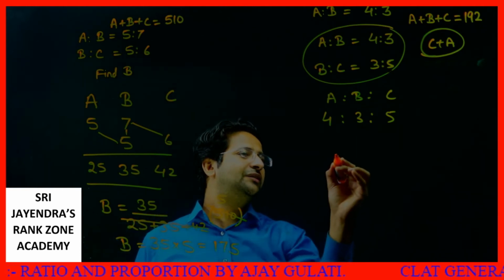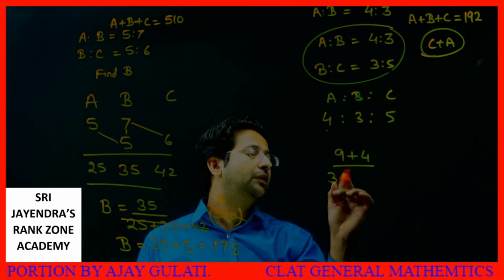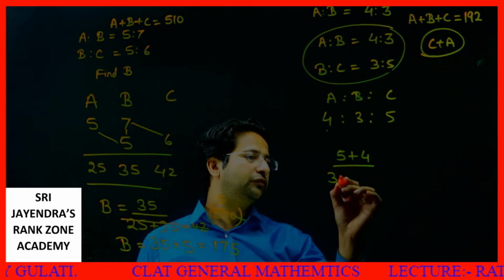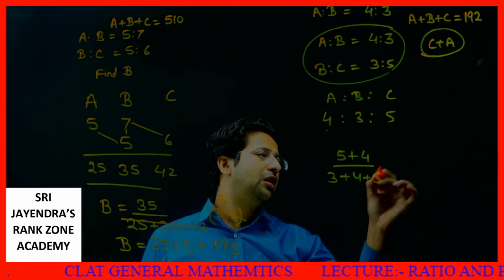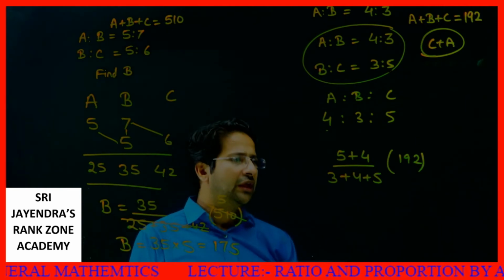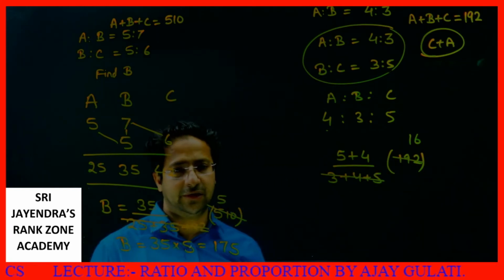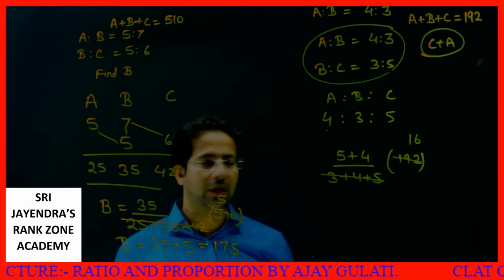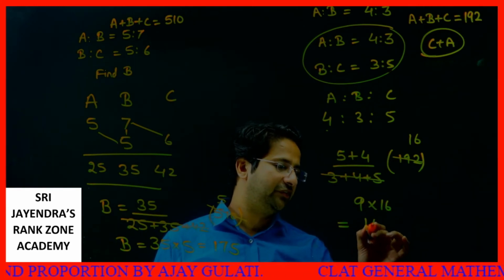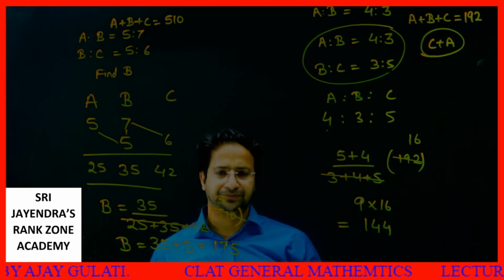C and A is actually 5 plus 4 parts out of 3 plus 4 plus 5 from 192. First of all, this is 12. 12 cancelled by 192 will give me 16. 12 into 16 is 192. Now 9 into 16, this is what I was supposed to find. 9 into 16 is 144. It makes sense. I hope it must be clear to all of you.